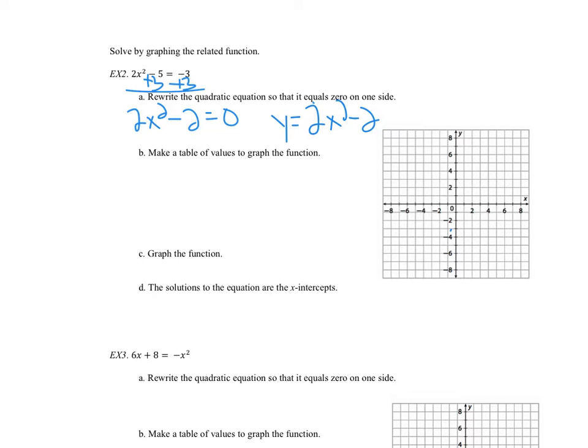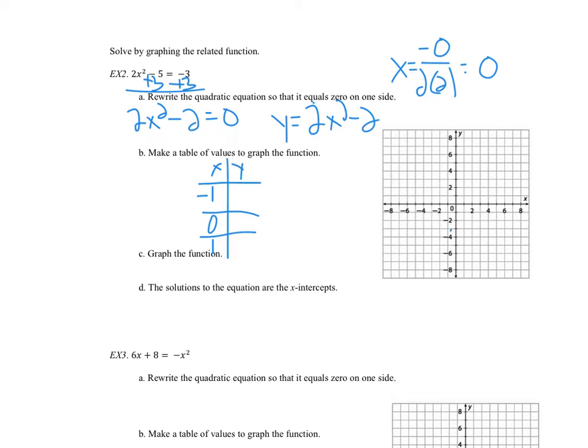So we want to pick our values in our table. We look at this, and x equals negative b, which there is no b value, over 2a. So we get 0. So we know our vertex is at 0. I'll put that there, and then let's go 1 point on each side.